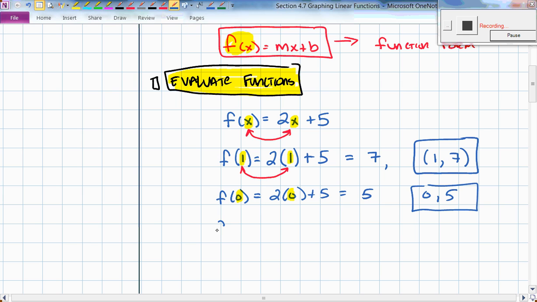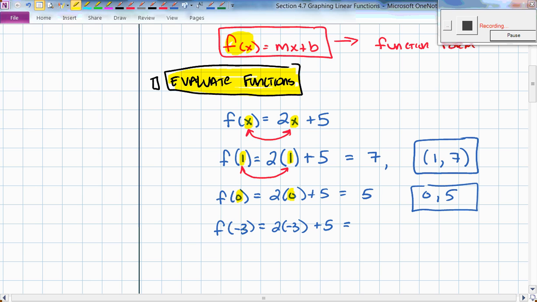Same function. What is f of negative 3? Go ahead, plug in. Okay, when you plug in f of negative 3, what'd you evaluate? Omar, what'd you get, buddy? So you did 2 times negative 3 and then added 5. Is that right? Okay, good.